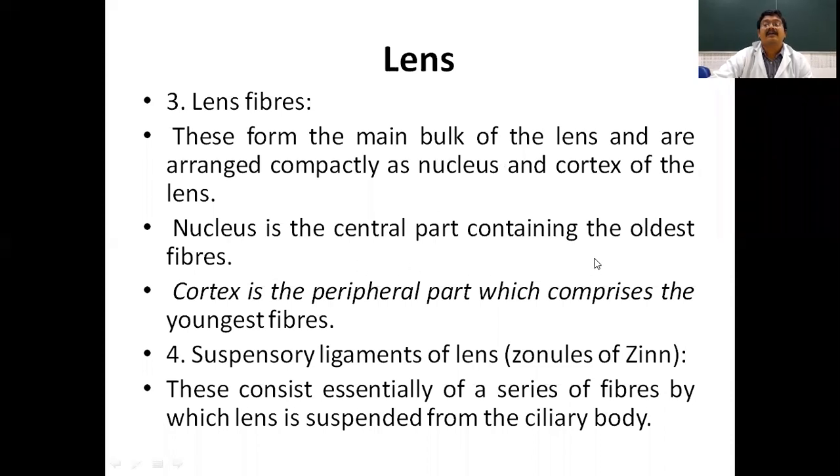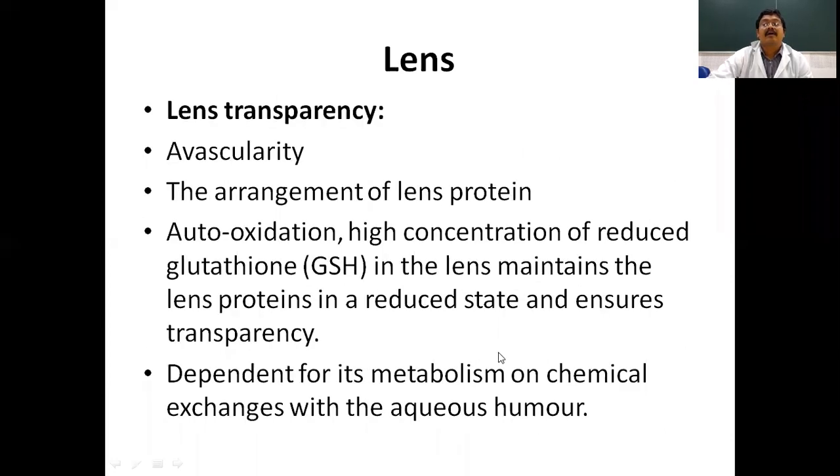The nucleus is the center part containing the oldest fibers. The cortex is the peripheral part which comprises the youngest fibers. The lens is attached to the ciliary body by the suspensory ligament, called the zonules of Zinn. It consists of a series of fibers suspended by the ciliary body, and it plays an important role in accommodation of the eye.